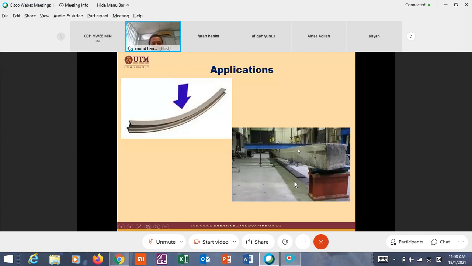So as I mentioned, this is the deflection. This is an experiment in a lab, where you can see here a full-scale test of a concrete beam, about 20 meters span. So why do we need to do the experiment? Because we want to compare between the theoretical and the experimental.